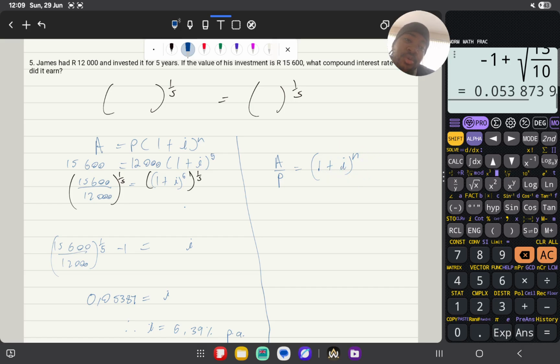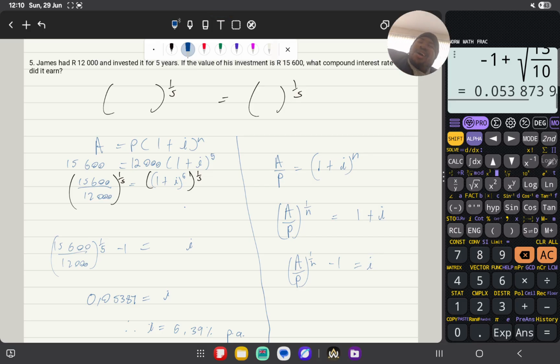Then you raise everything to the power of 1 over N. Then this side you're going to have 1 plus I, because that cancelled off. Then you have A over P to the power of 1 over N, minus 1 equals I. So this is actually the formula.